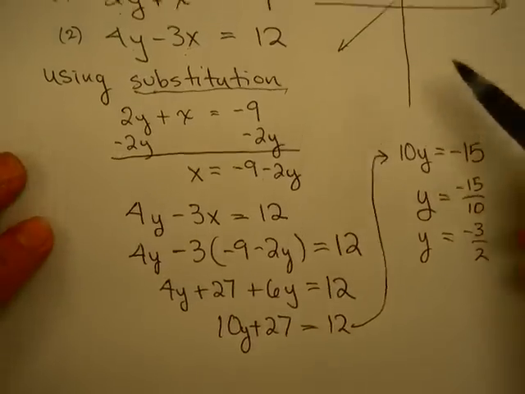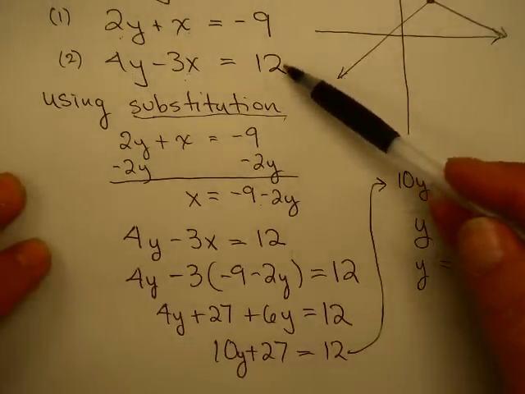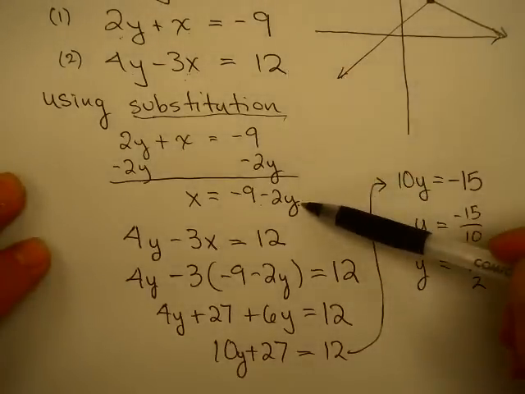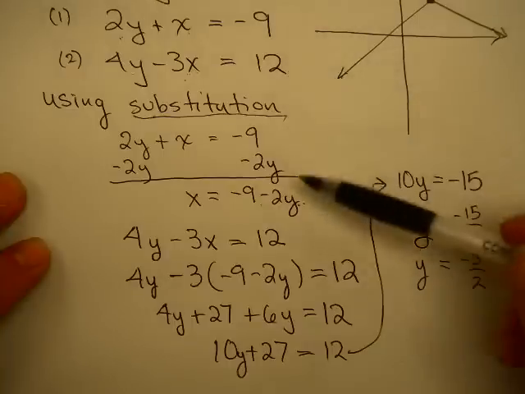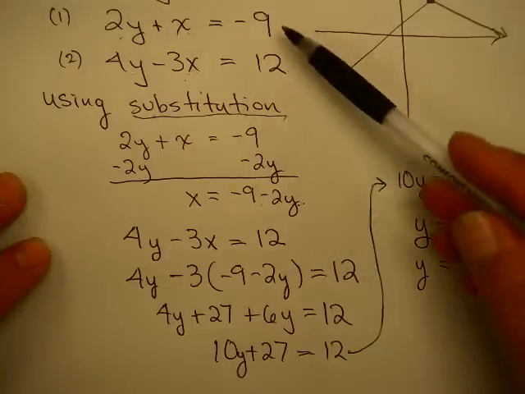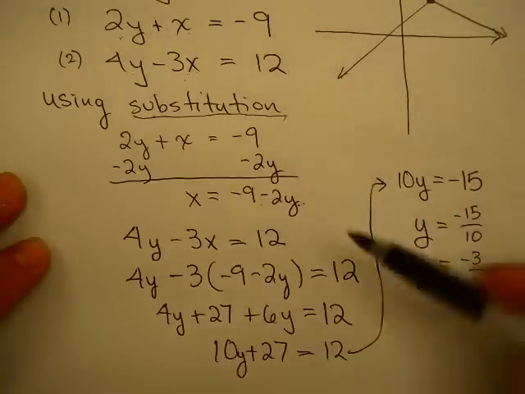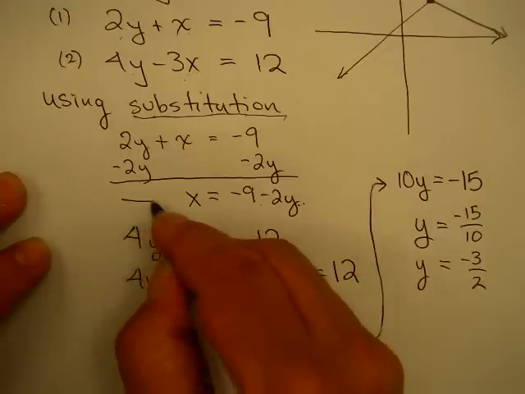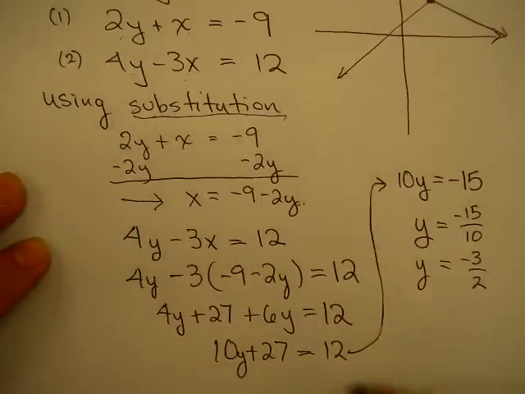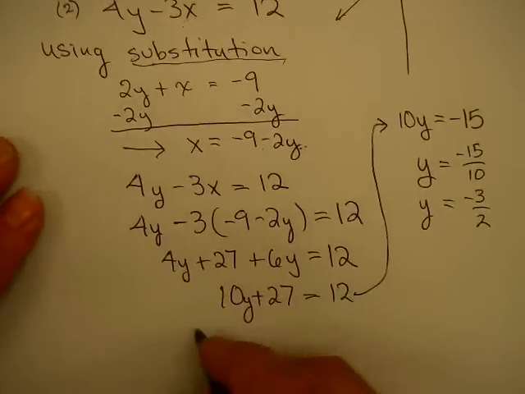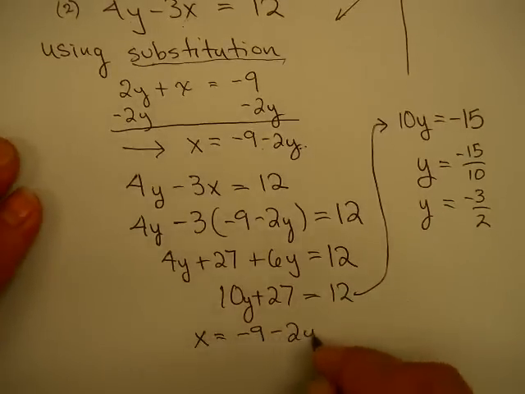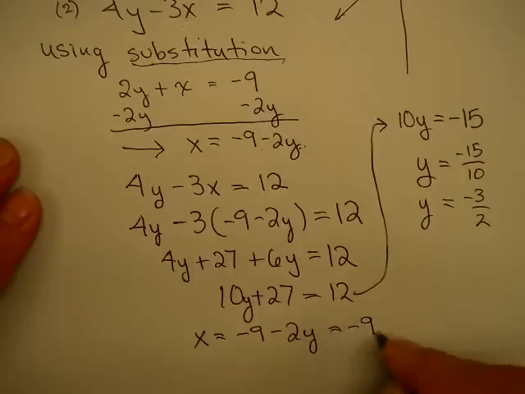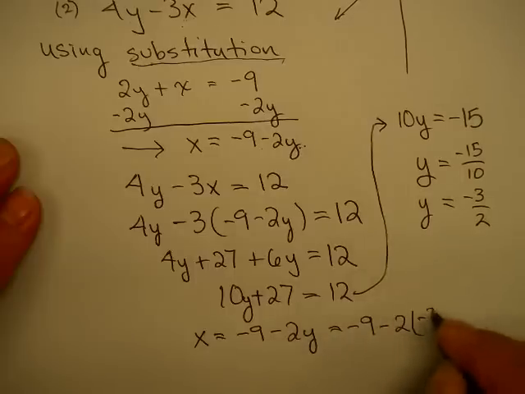To find the x-coordinate, you can use one of the original equations or this simplified equation to find our value of x. So you would substitute the value of y into one of these equations. Because it's easier, I'm going to use this one. So if I use that one, I get x equals minus 9 minus 2y, but y is minus 3/2.